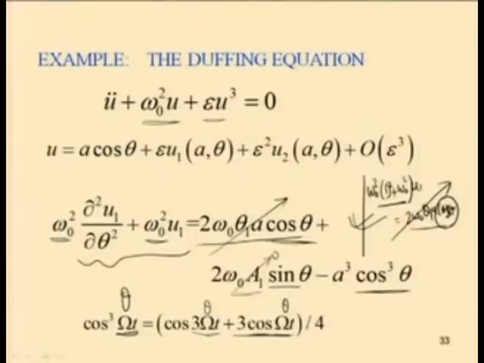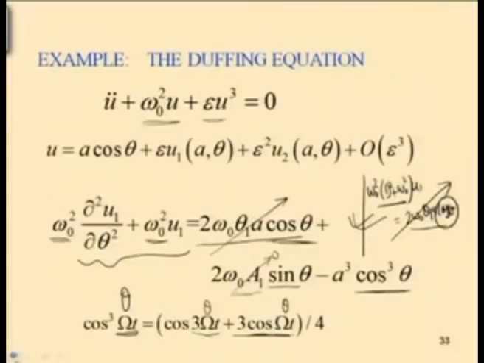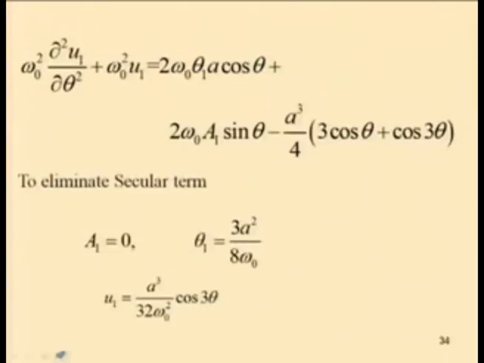Similarly, taking this term and the part of this a cube 3 by 4 cos theta, one can write the second equation. After substituting this cos cube theta, one can write this equation in this form. So, now equating the coefficient of cos theta. So, this is cos theta and this term is also cos theta.